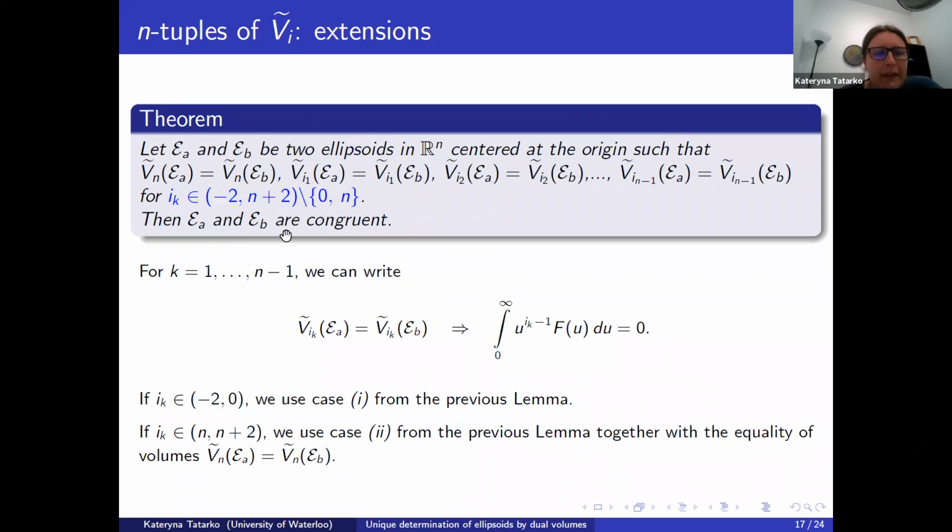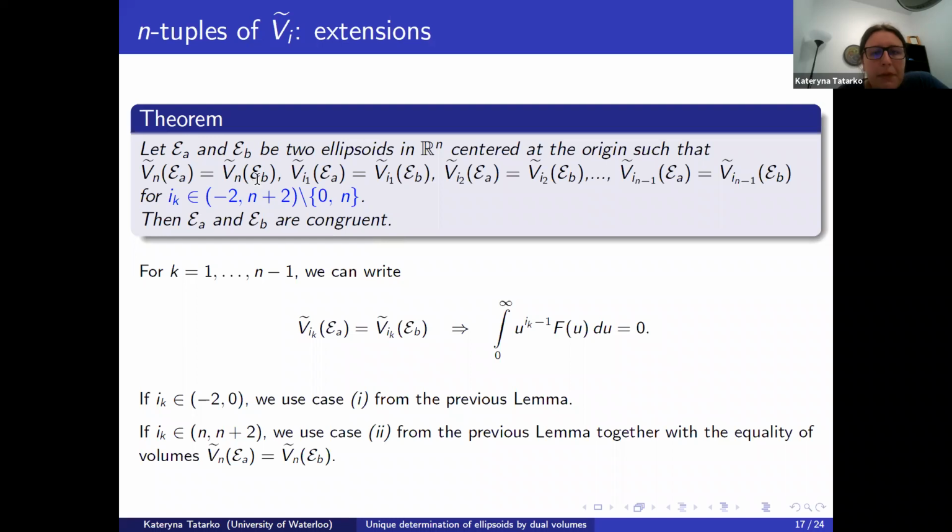So again, this theorem can be written in a more general way when the indices of dual volumes fall in a larger interval. But here, based on the previous representation, I will show a specific example. And again, I will use this theorem later on.